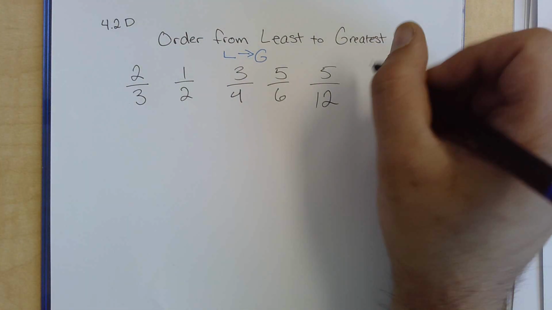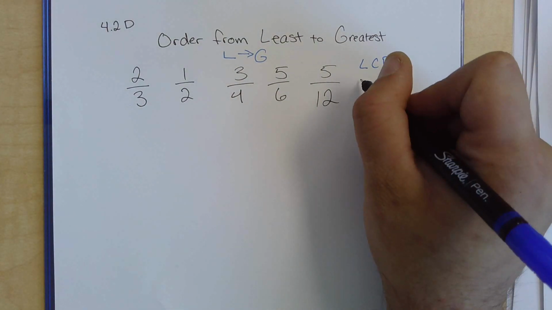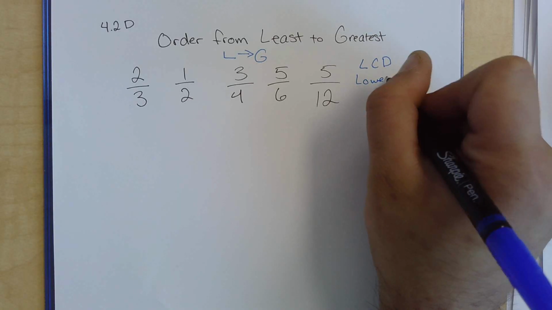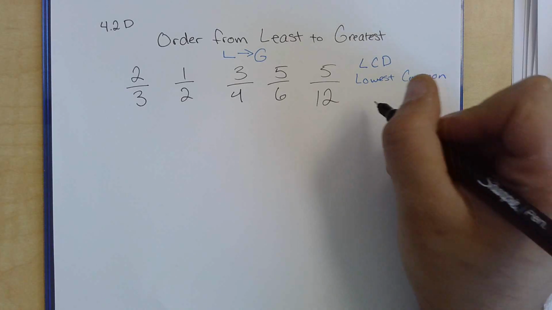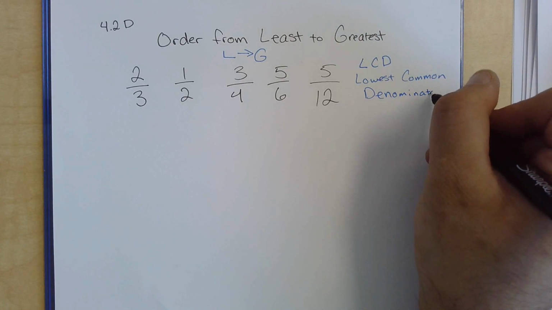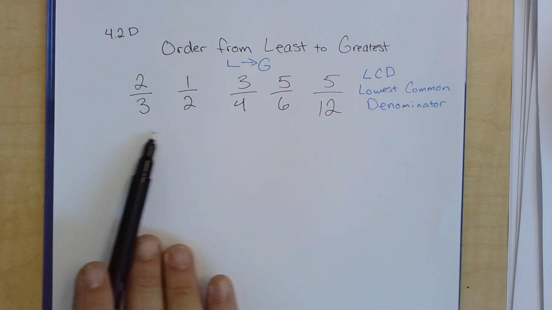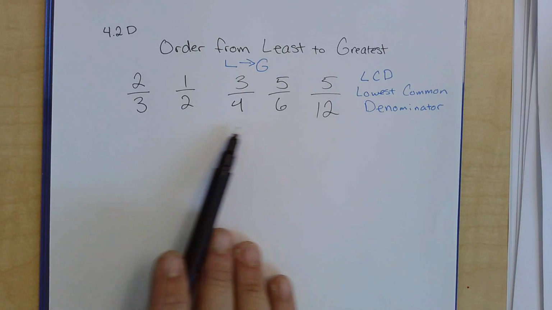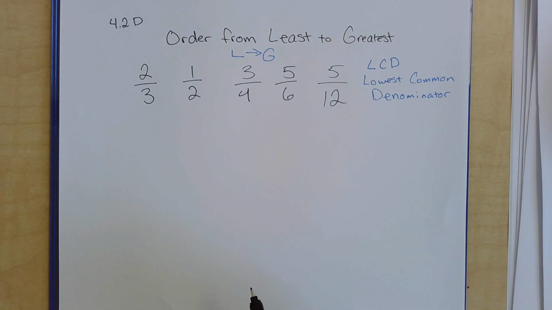So what I'm going to do is find the LCD, or like I said, the lowest common denominator. Again, we're looking for a number all of these denominators have in common that they can all be multiplied into.